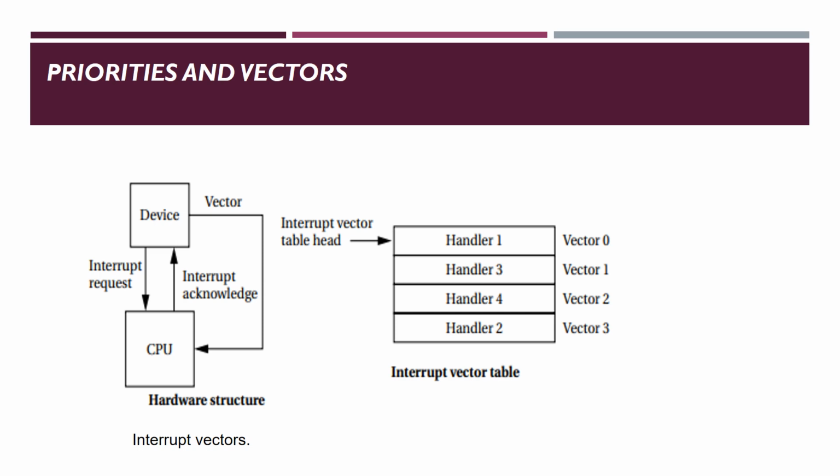For example, if the device sends the vector number 3, based on the vector number 3 it will fetch handler 2. This handler 2 holds the address of the interrupt where it can start the execution. Based on the address, the CPU can start the execution of handler 2. So this is about the interrupts, priorities and vectors of the ARM processor.